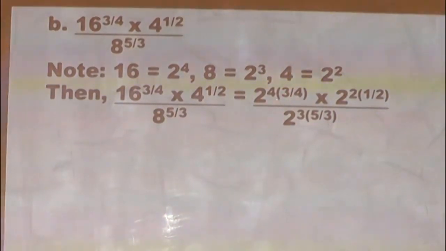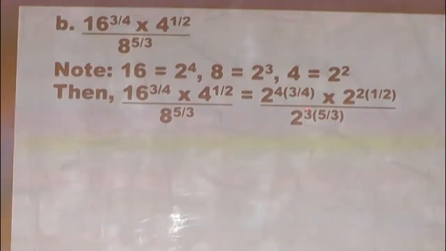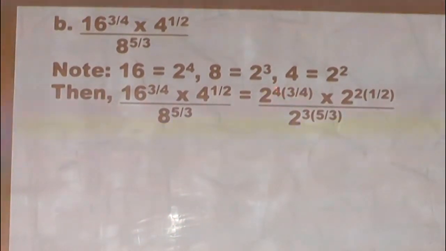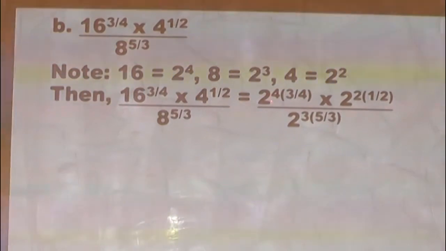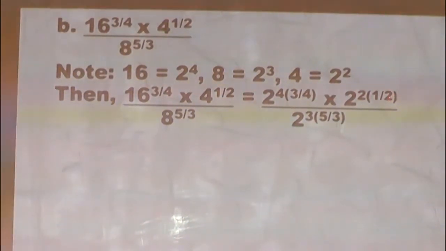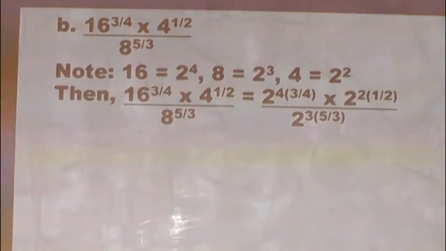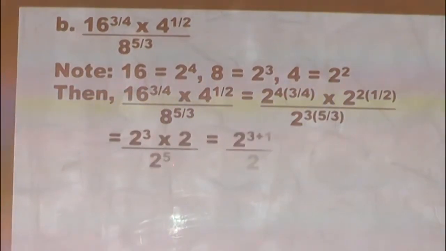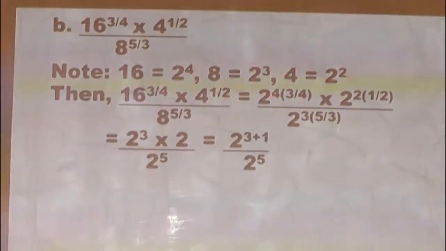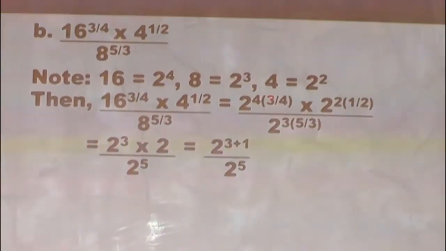You agree with me that if you multiply this 4 by 3, you are going to have 12. And if you divide it by 4, you are going to have 3 as well. Better still, you will tell them that this 4 will strike this 4. This 2 will strike this 2. This 3 will strike this 3. So this expression here will now be, if this 4 strikes this, the remainder here is going to be 3.